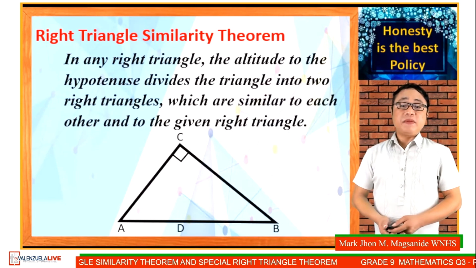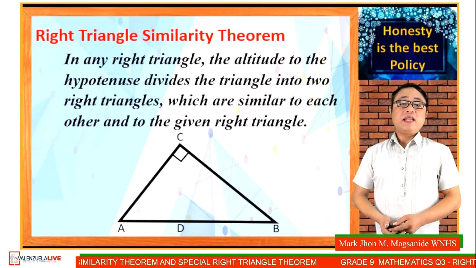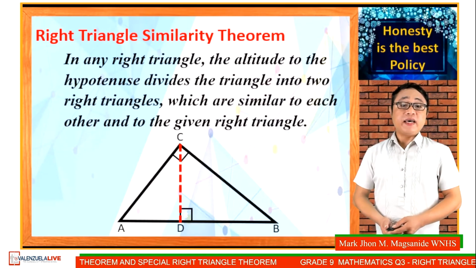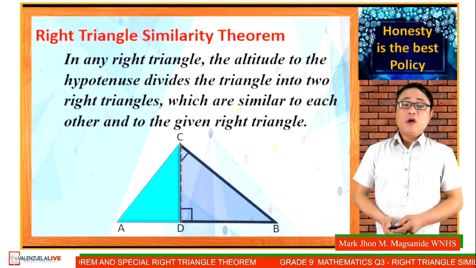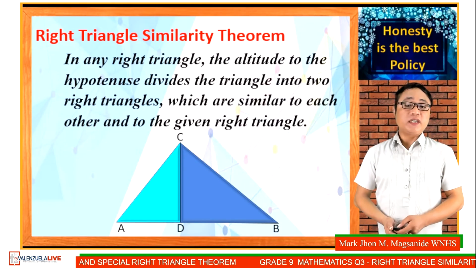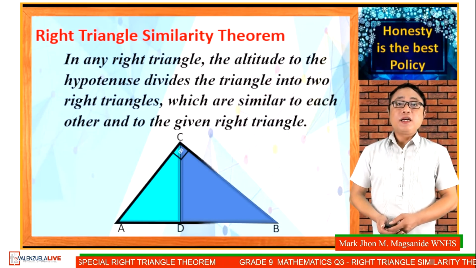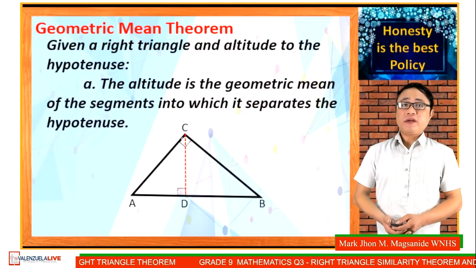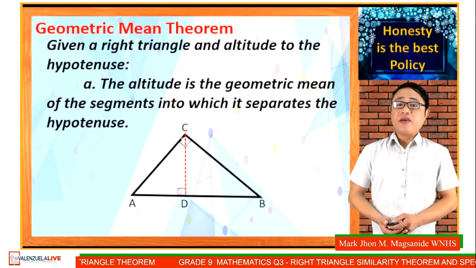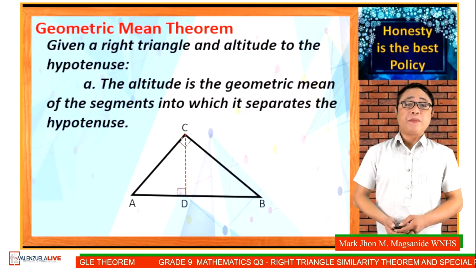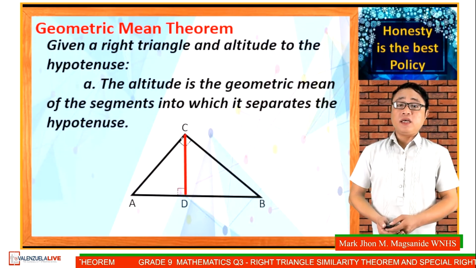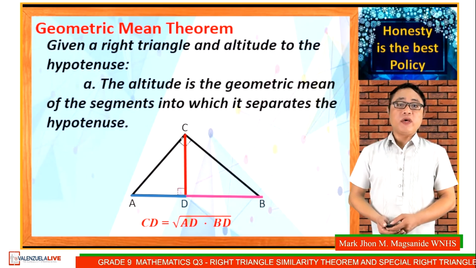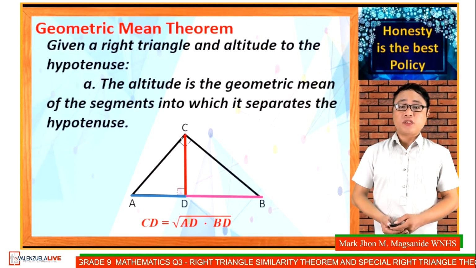The right triangle similarity theorem states that in any right triangle, the altitude to the hypotenuse divides the triangle into two right triangles which are similar to each other and to the given right triangle. The geometric mean theorem states that, given a right triangle and the altitude to the hypotenuse, the altitude is the geometric mean of the segments into which it separates the hypotenuse.